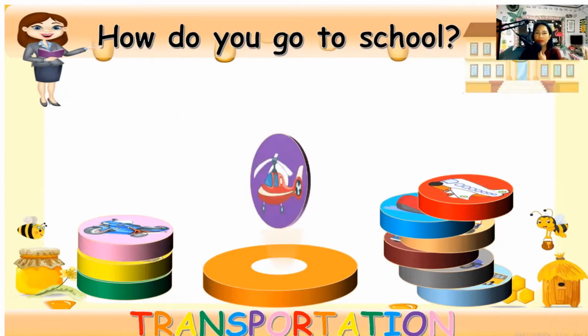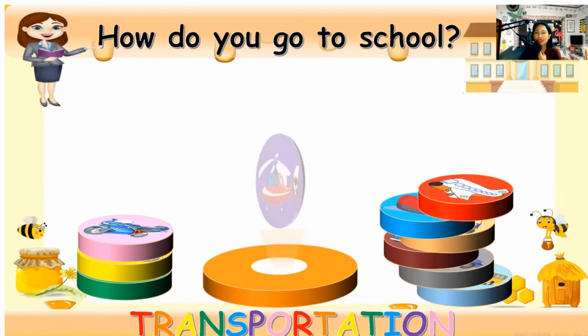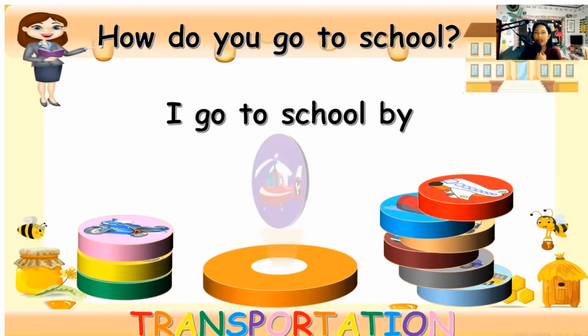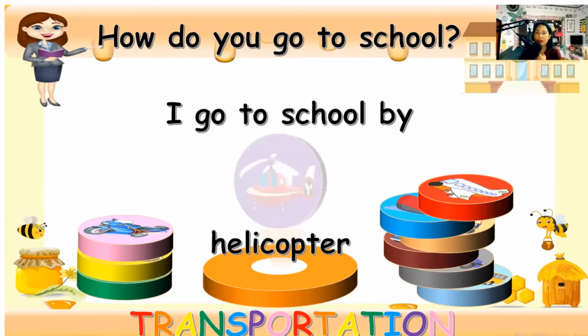Wow, you're kind of rich. Anyway, just for the purpose of using this transportation into the conversation. So maybe some rich people, they can afford to use this transportation going to school, right? So I go to school by helicopter. Okay, so this is not very common, by the way.